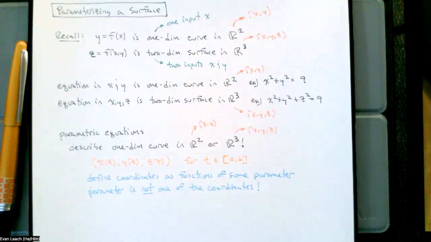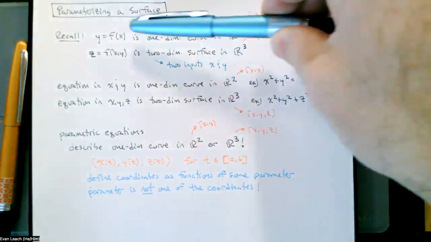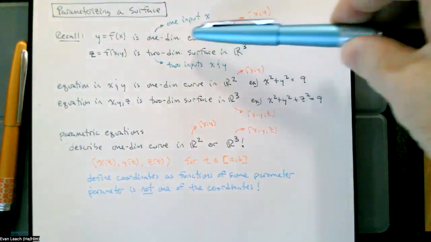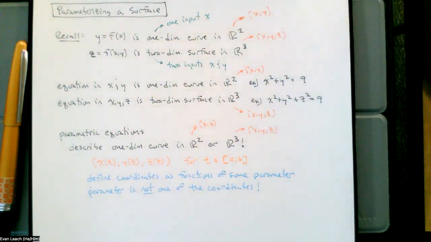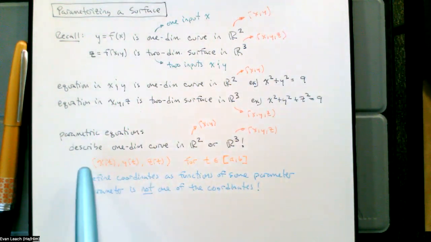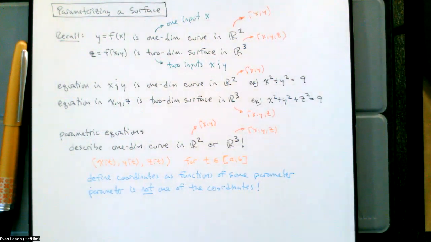And in this case, we're describing a one-dimensional curve in R2 and R3. So this one-dimensional curve part goes back to what we had up here. y equals f of x is a one-dimensional curve because we had one input, and we had a two-dimensional surface when we had two inputs. So the reason that we're getting one-dimensional curves when we parameterize x of t, y of t, and z of t is that we're dealing with one input.